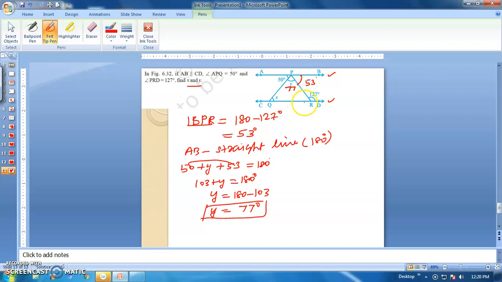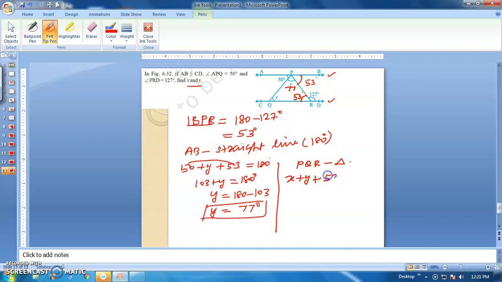Okay. And similarly, can we find out this angle? Instead of doing this one, now PQR is a triangle. Okay. PQR is a triangle. Therefore, the sum of the angles is 180 degrees. So X plus Y plus this angle. See, 127 means here definitely 53 because of linear pair.